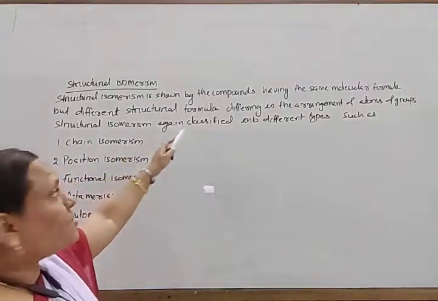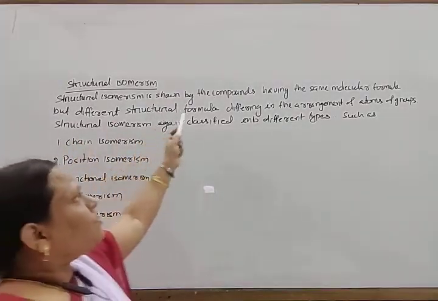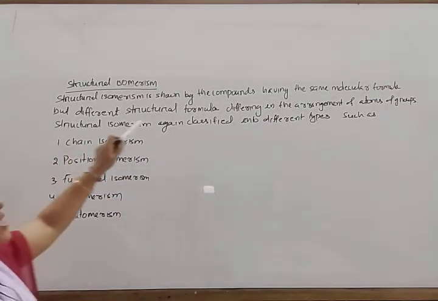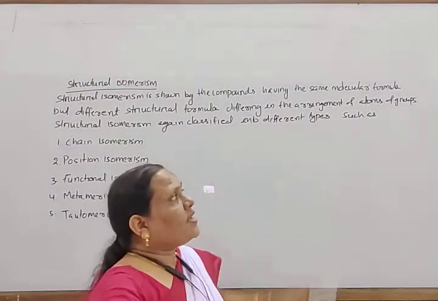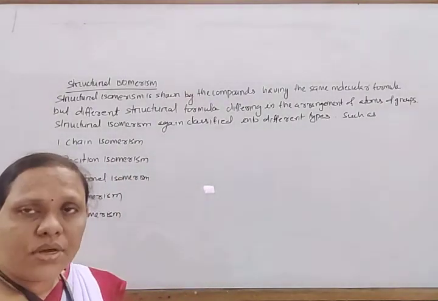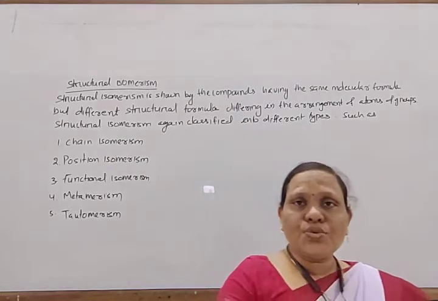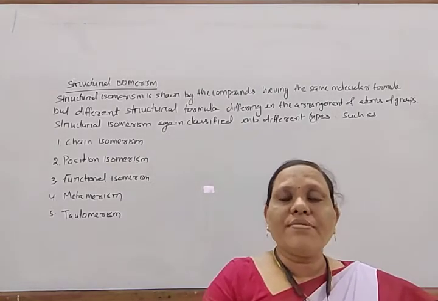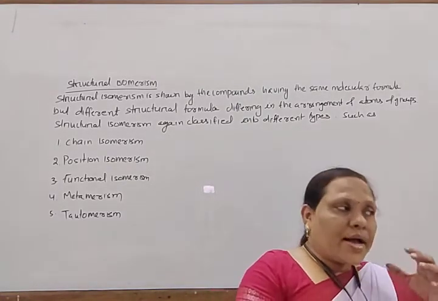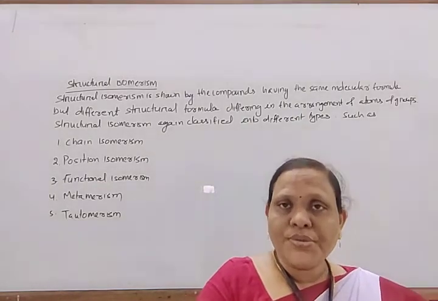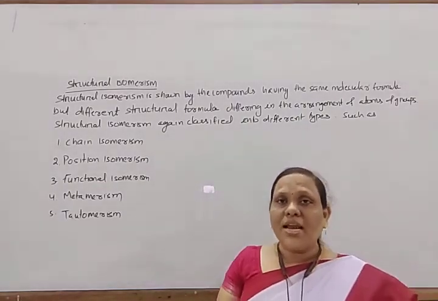Structural isomerism is formed by compounds having the same molecular formula but different structural formula, differing in the arrangement of atoms or groups. Or we can say when the same molecular formula represents two or more compounds which have different arrangement of atoms or groups, they are known as structural isomers.